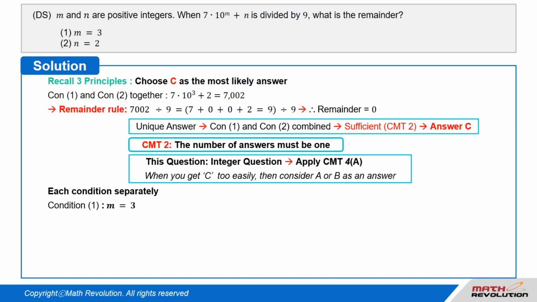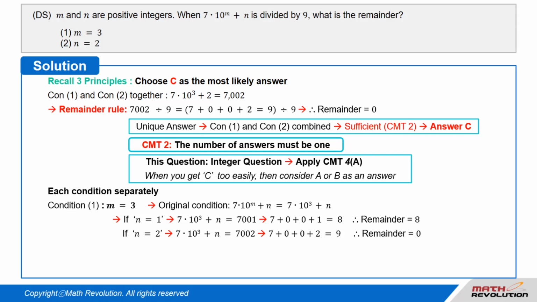Condition 1 tells us that m equals 3. If we plug this into the equation, we get 7 times 10 cubed plus n. If n equals 1, we get 7,001. Since the sum of the digits of 7,001 is 8, the remainder is 8.